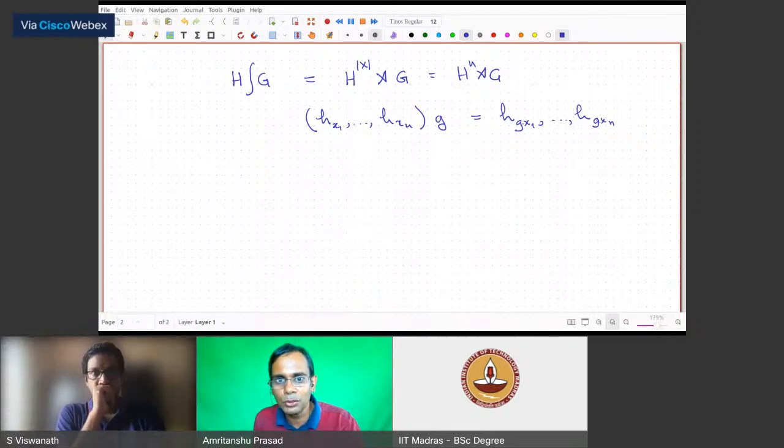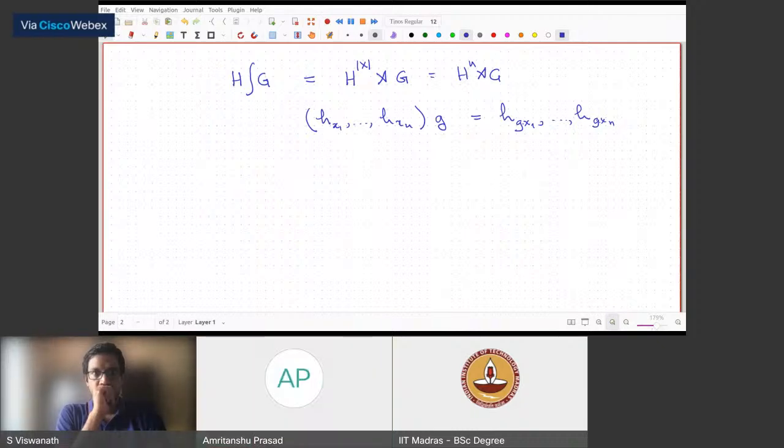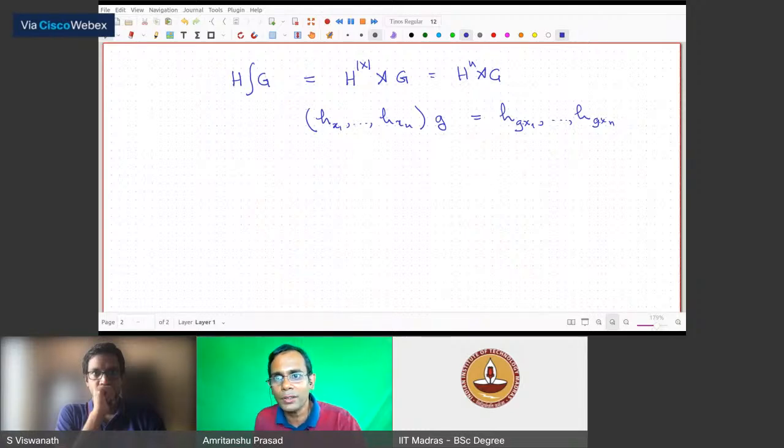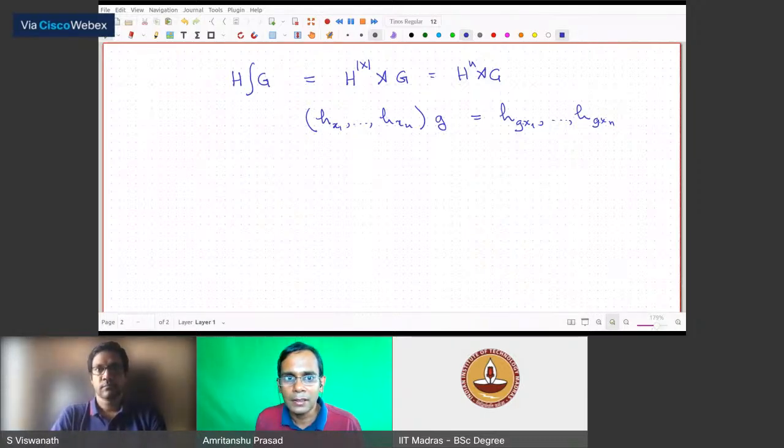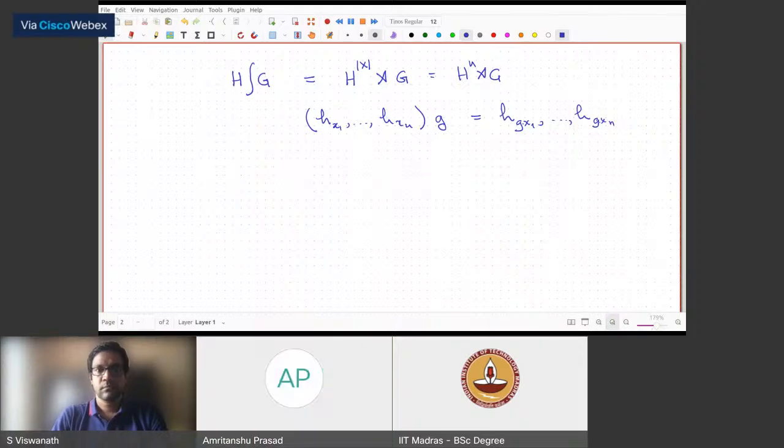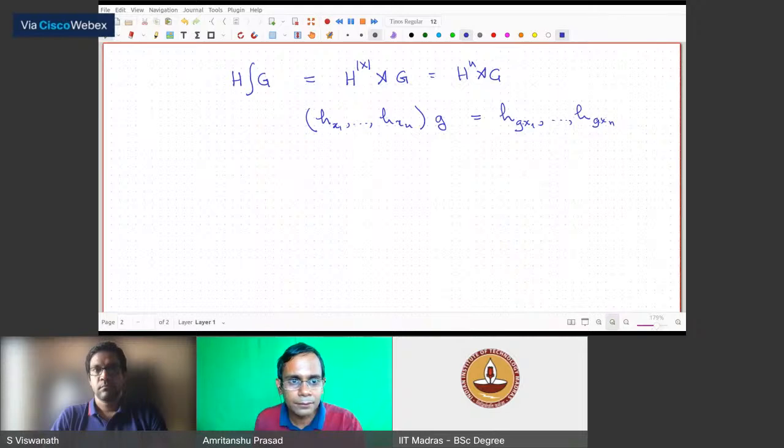The answer should be just as the problem is stated. The group has order cardinality of G to the power of the cardinality of H, so that's 2 to the power 6 times 6. So the answer is not 48. The answer is 2 to the power 6 into 6.